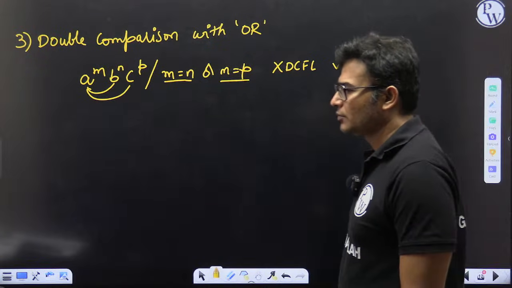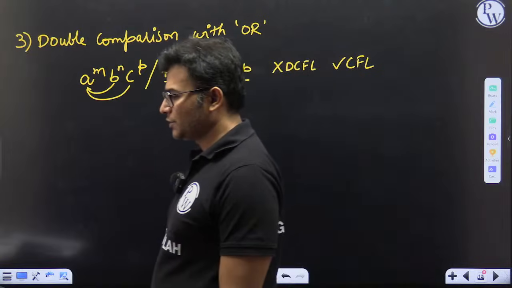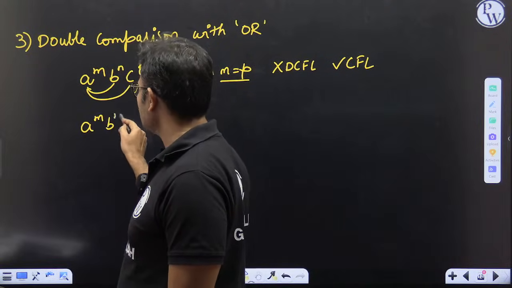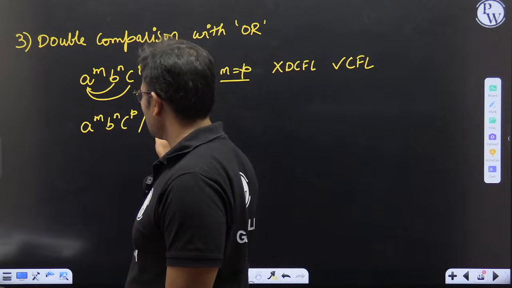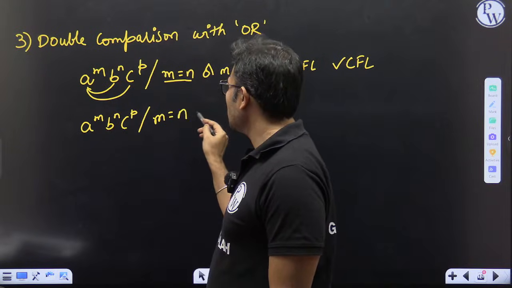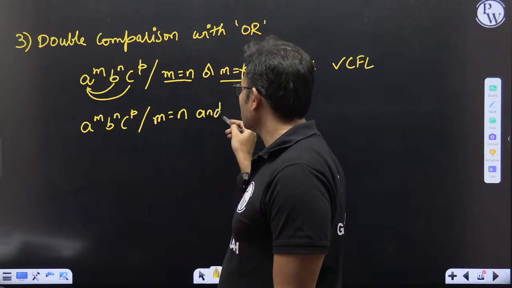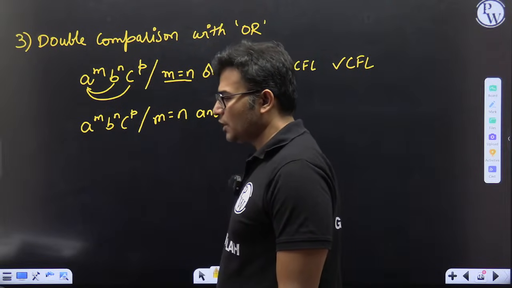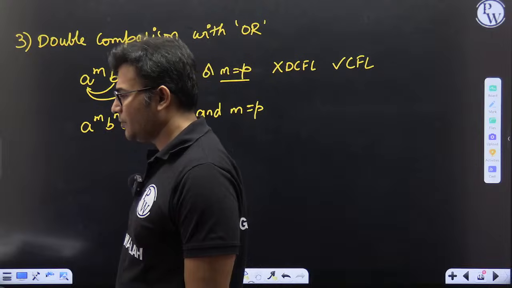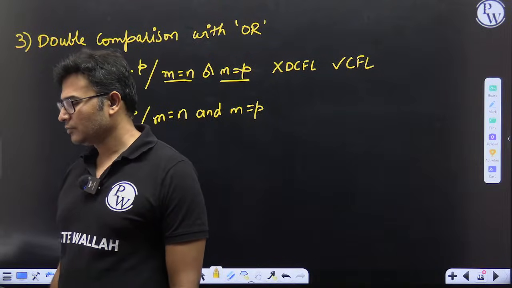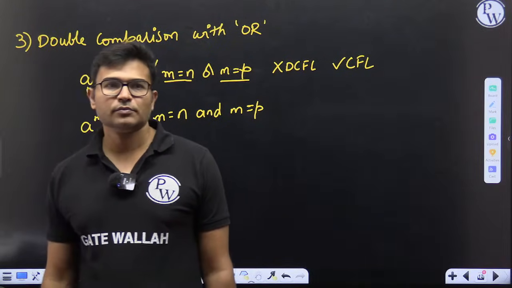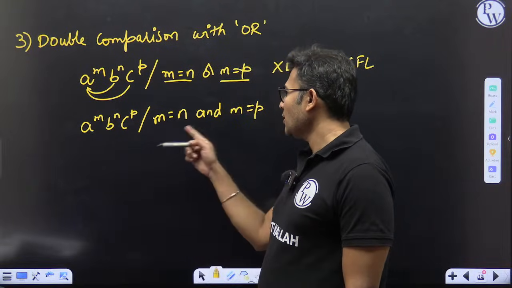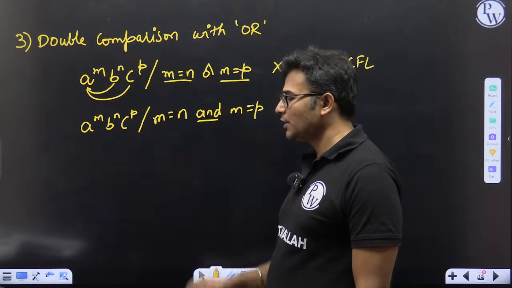Now tell me about this. If I have a power m, b power n, c power p such that m equal to n and m equal to p. What is this language? There are double comparisons, but there is an AND.